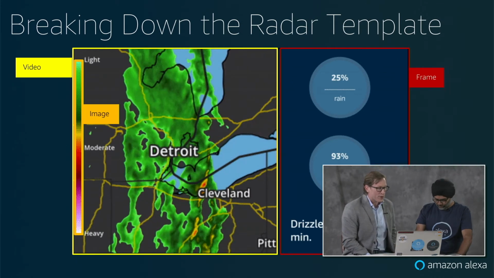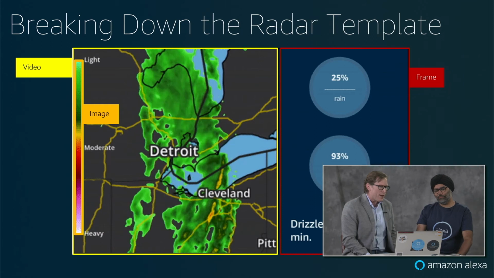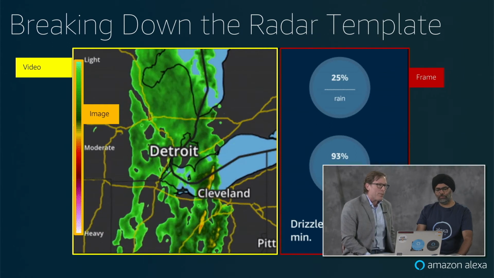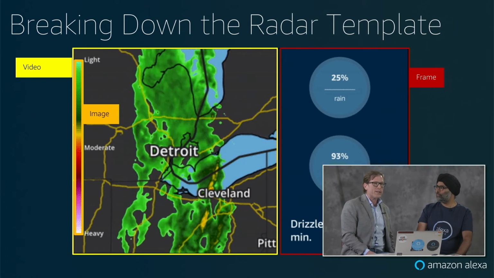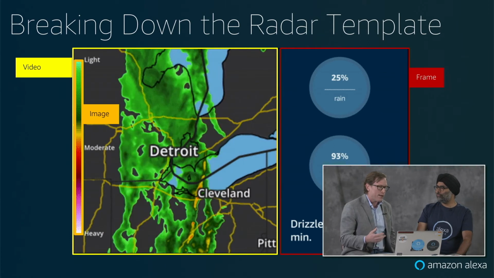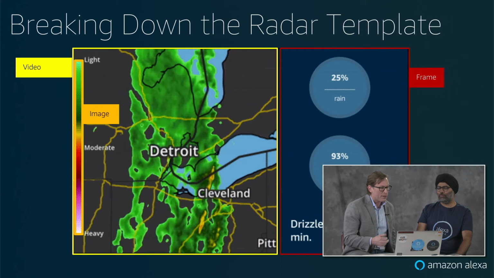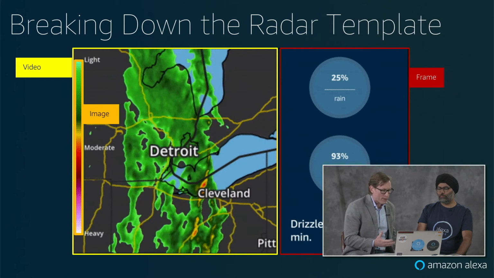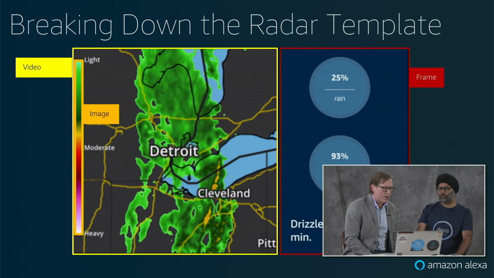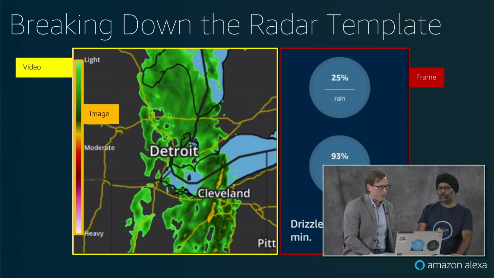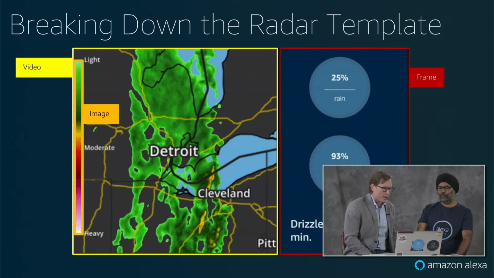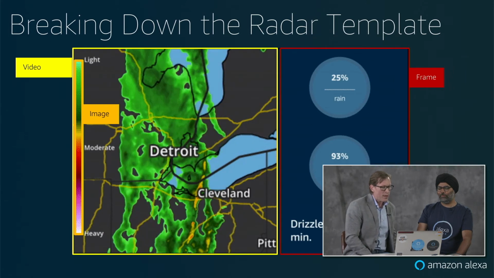So what other kinds of visual elements? Well, there's a bunch of different APL components, and I think we could divide them into native components. That is the kinds of components that just come with APL, like video or images. On the left-hand side of the screen, you can see the radar video running, and on top of that is an APL component called an image, which is overlaid on top of the video.